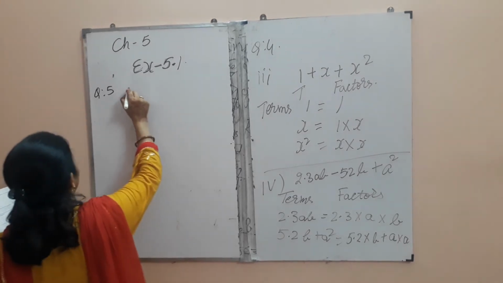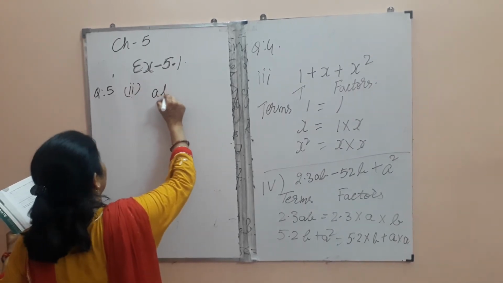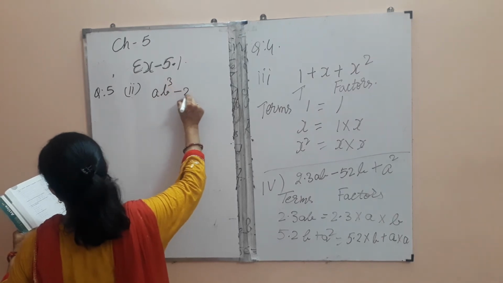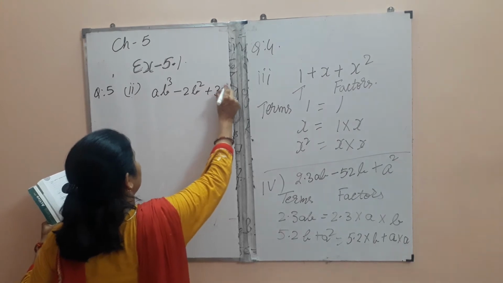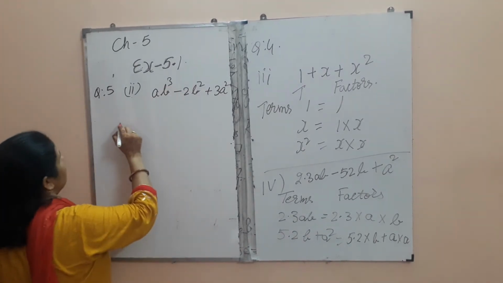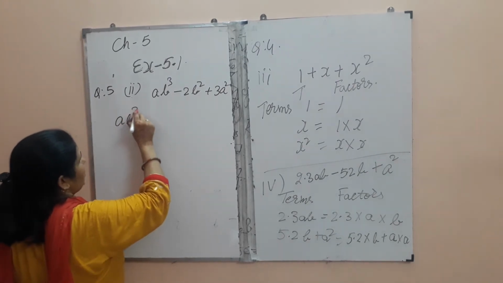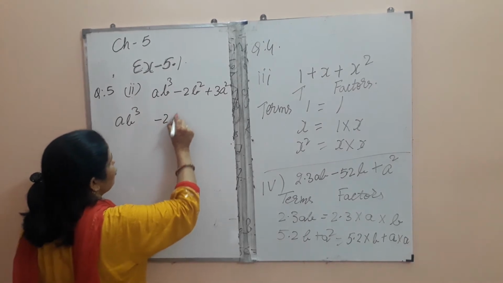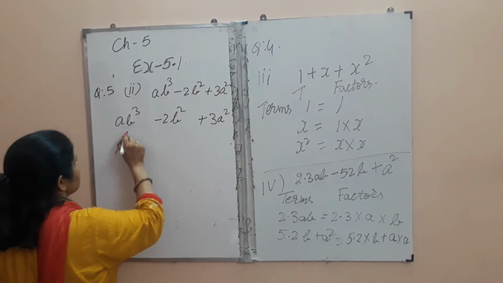So I am doing the second part of this. A B cube minus 2 B square plus 3 A square. So I am doing first A B cube, one term.